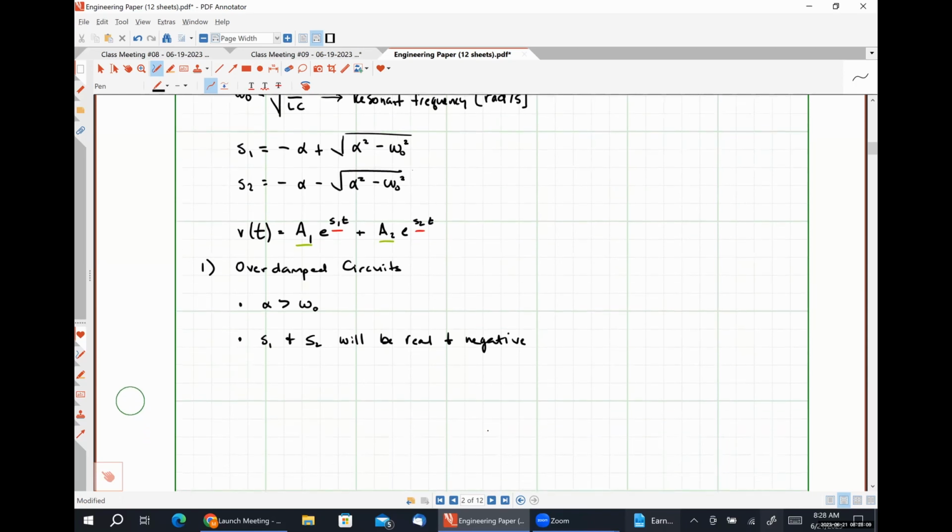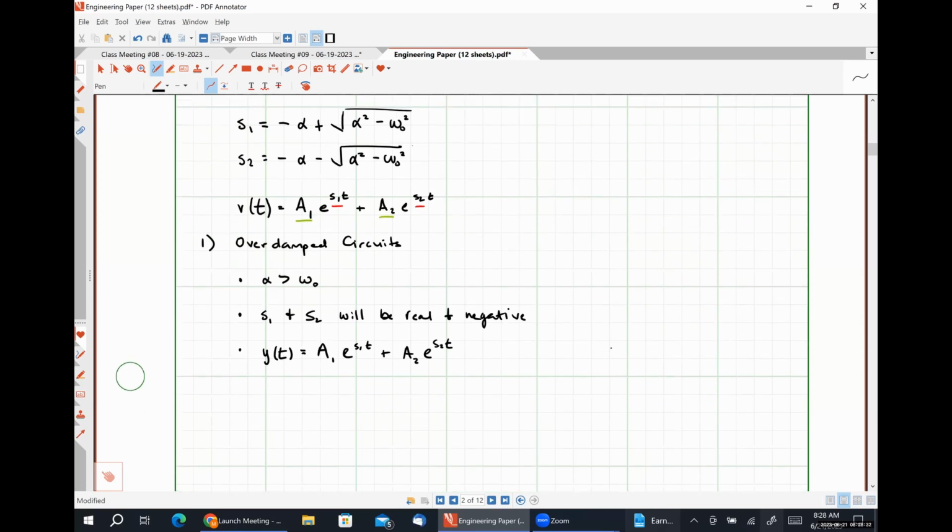And so our general response, y of t, will be of the form A1 e to the S1t plus A2 e to the S2t.